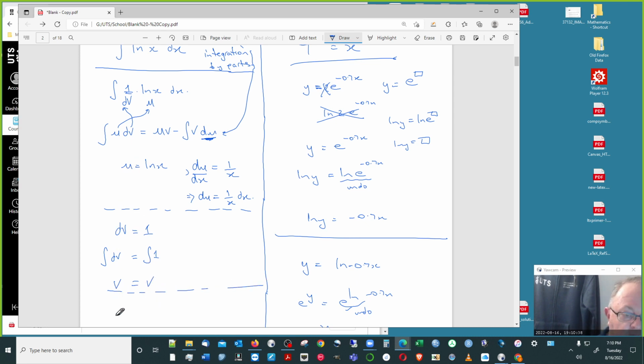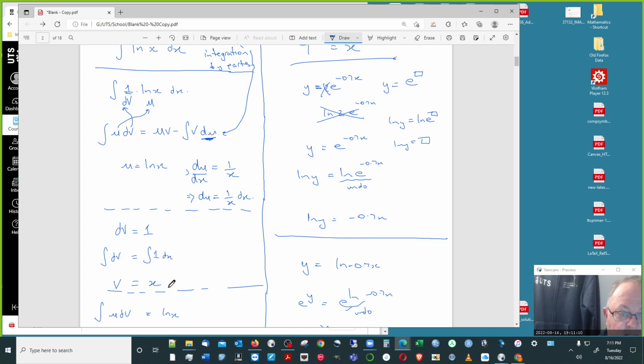So when I come and do the integral of u dv, I've got to put it all together. So my u is the ln of x. Sorry, the variable is x. I knew I'd made an error. So I should have put over here dx. My bad. So the integral of dv will give me v, and the integral of 1 dx will give me x.